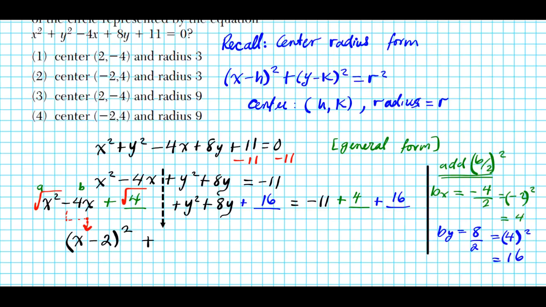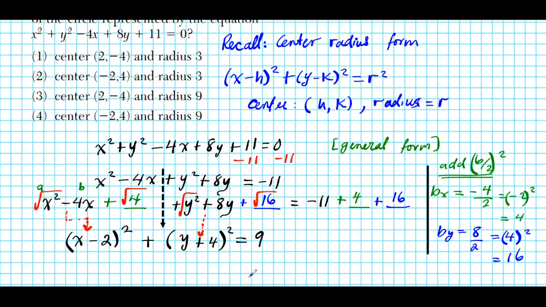Same thing with the y's: root the first and the last term in the y side of the partition. The square root of y squared is y, and do not forget to bring down the middle sign. So we have (y plus 4) quantity squared equals, here we have negative 11 plus 20, which is positive 9.